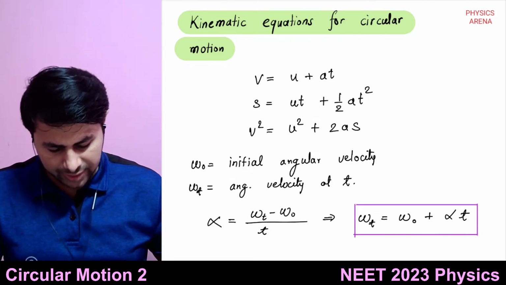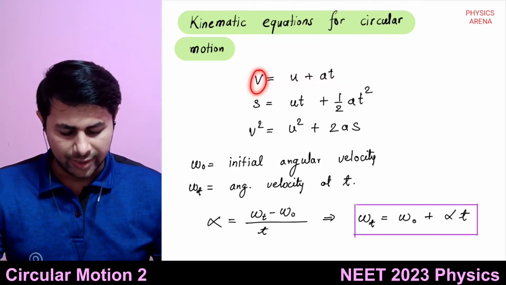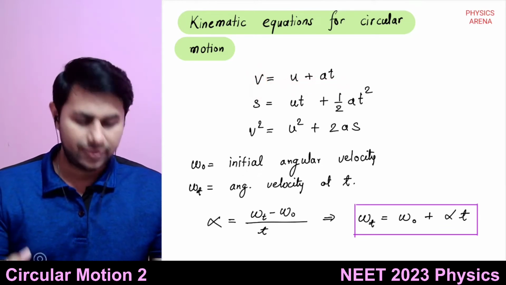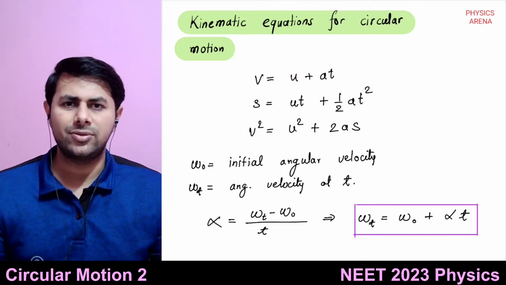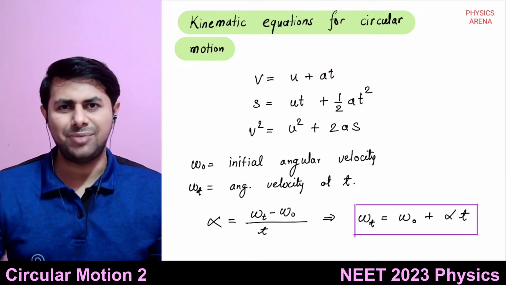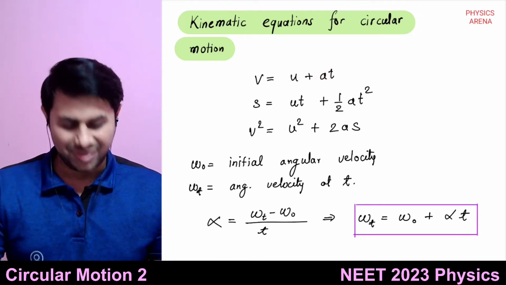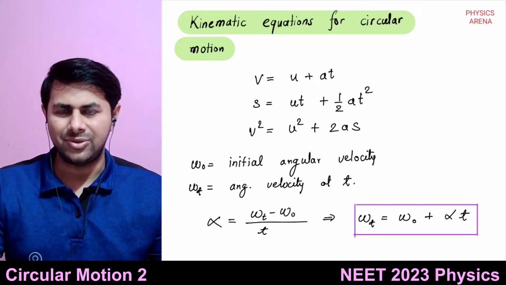It is exactly similar to what? V equals u plus at. Just final velocity will change to what? The final angular velocity. Initial velocity changes to initial angular velocity. A changes to alpha. T remains t. Okay. So can you tell me what will be the second one? Can you guess?